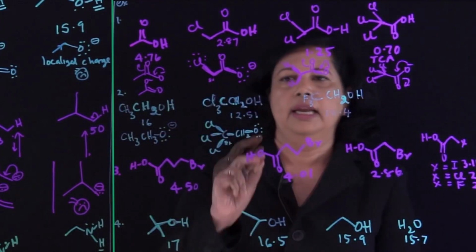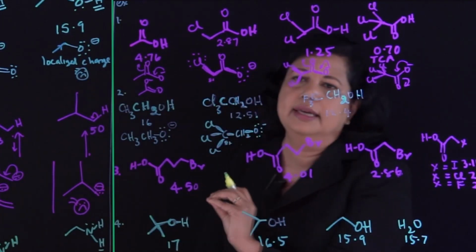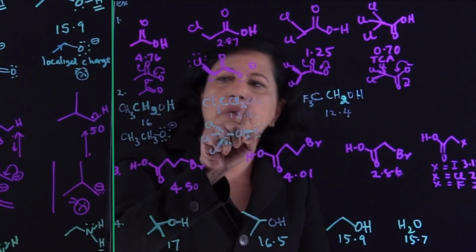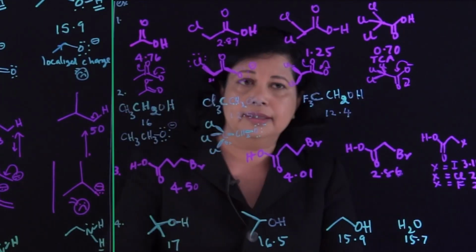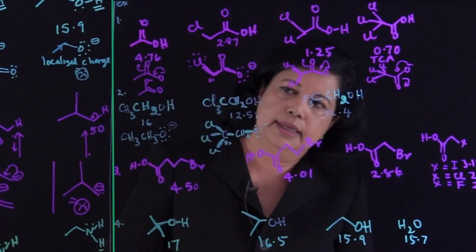So therefore, the electron density on the oxygen diminishes a little teeny bit. So this is, let's say, 13. This is about 1,000 times more acidic because of the chlorines. And the same, fluorines are going to be even more powerful withdrawers than chlorine.